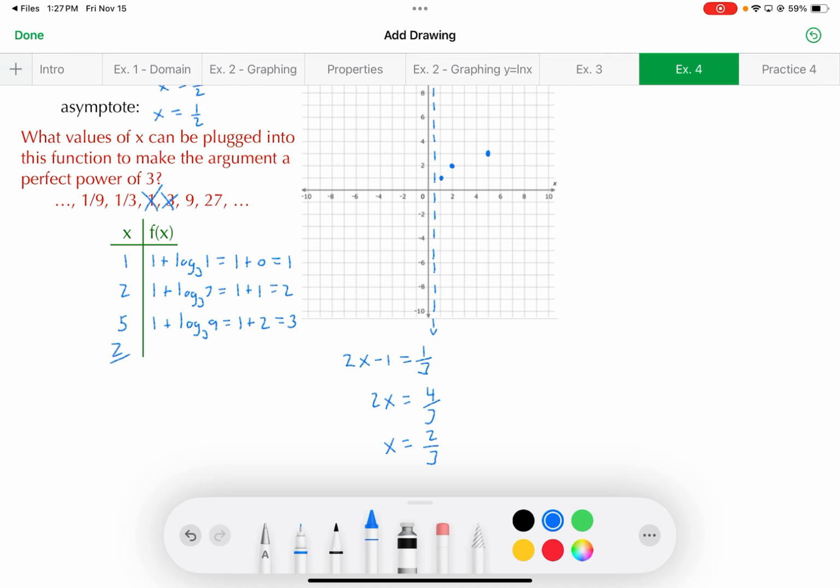So that would be another good value to plug in. That would give you 1 plus log base 3 of the 1/3 we wanted, and log base 3 of 1/3 is -1. So 1 plus -1 is 0. And there's your curve.